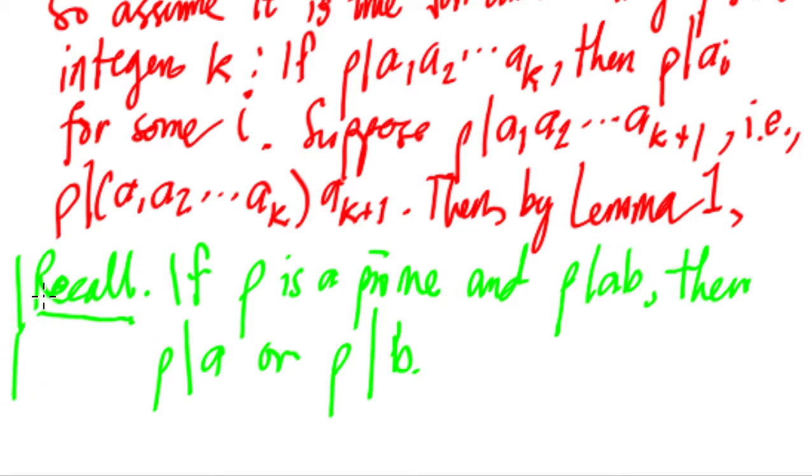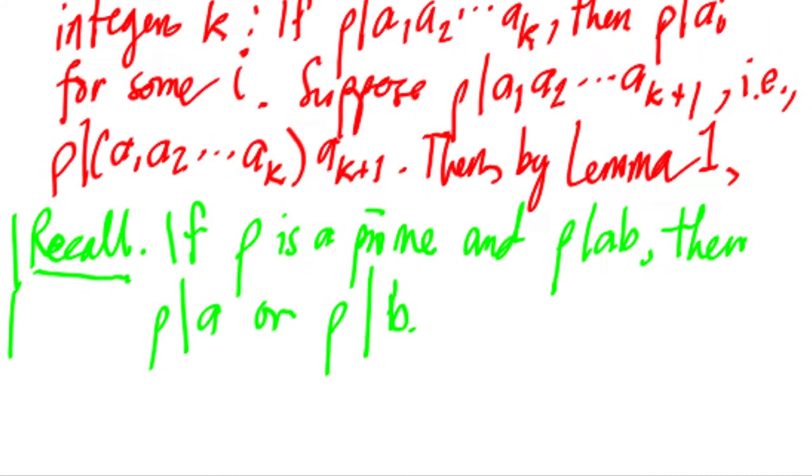Continuing the recall: if p is a prime and p divides the product of a times b, then p is a factor of a or a factor of b. As we see here, p is a factor of a sub 1 times a sub 2 up until a sub k times a sub k plus 1. So by lemma 1, p divides either this grouping here or a sub k plus 1 separately.